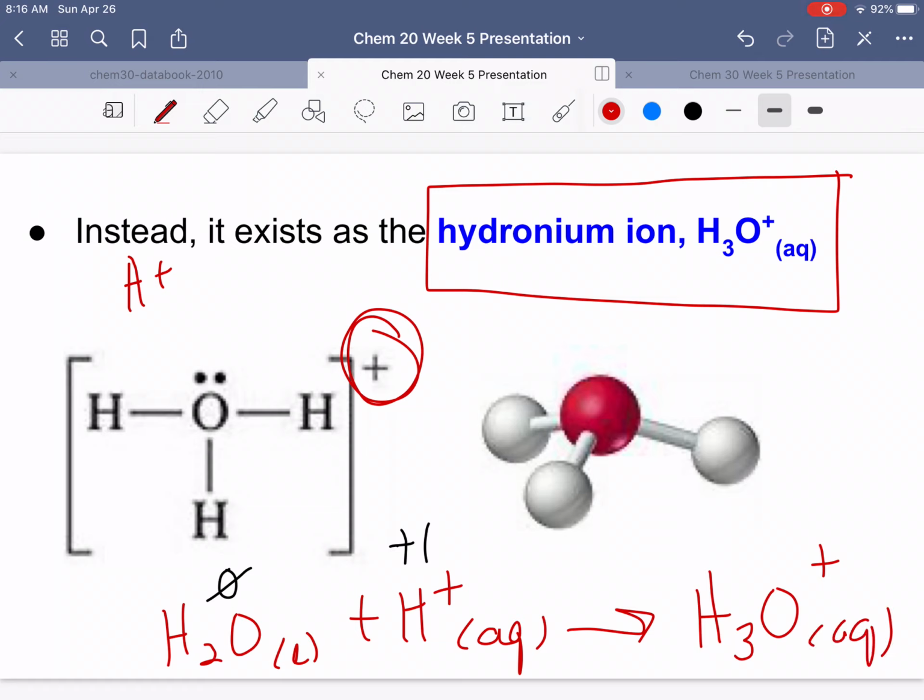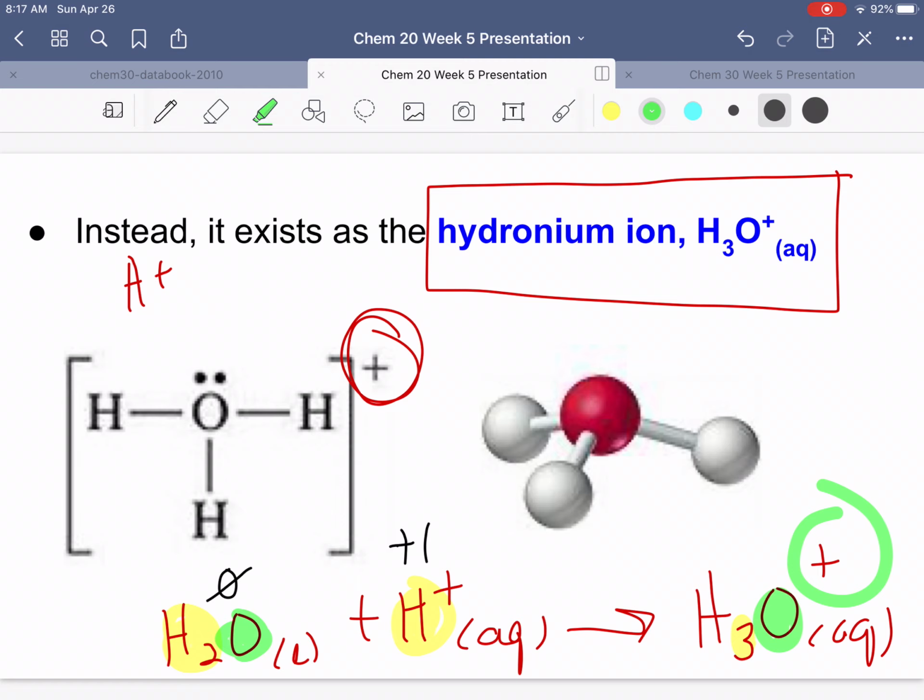You have to still account for every charge in every molecule. Over here, we started with 2 hydrogens, we added 1 hydrogen, so then we end up with 3. We started with 1 oxygen, so of course we still have 1 oxygen, and the charges add up as well. 0 plus positive 1 equals positive 1.